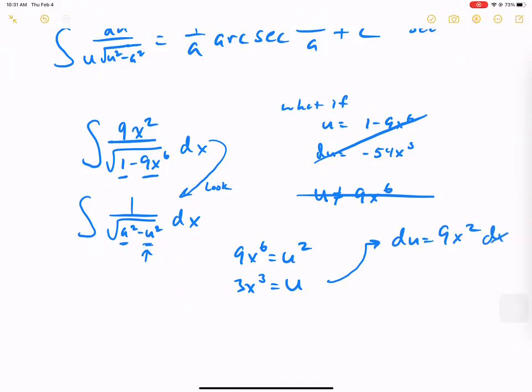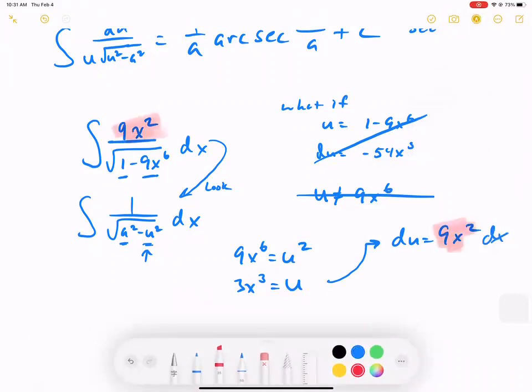Hopefully you will notice that 9x squared and 9x squared might help out here, might simplify out. Wait, why is u squared? Oh, never mind. We start off as we're trying to substitute this number here. That's my u.